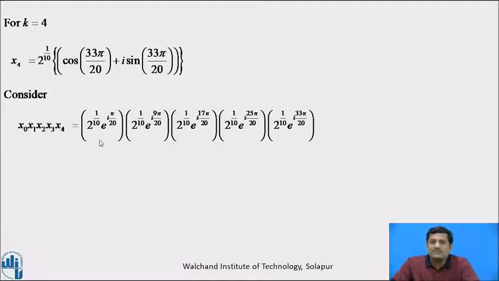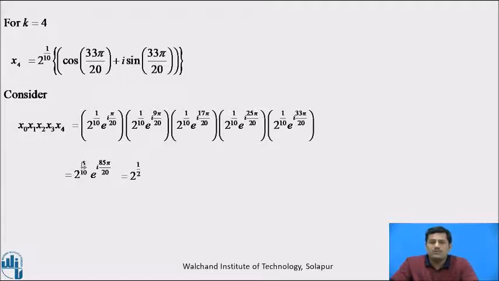Okay. Now here is the product of 2 raised to 1 by 10, 5 times. So I can write it as 2 raised to 5 by 10. And here there is a product of exponential terms 5 times. It means we have to add the exponents as the denominators are the same. And if I add all the numbers, I will get e raised to i 85 pi by 20.